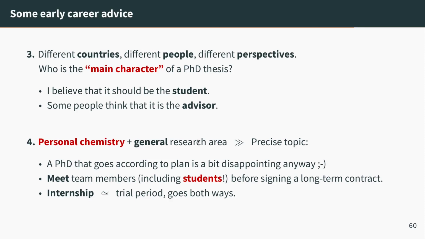And finally, because research is such a social topic, I think that personal chemistry is very important. And so if you find a team in which you feel at ease in a general research area that you like, probably it's more important than the precise PhD topic, the 2 page PDF offer.